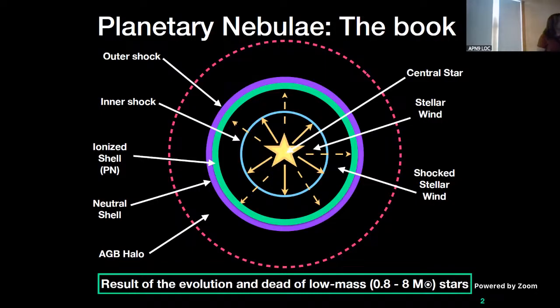The point here is not explaining all the different labels that are in the slide, but pointing out that this is a relatively simple structure, spherical, and like an onion.